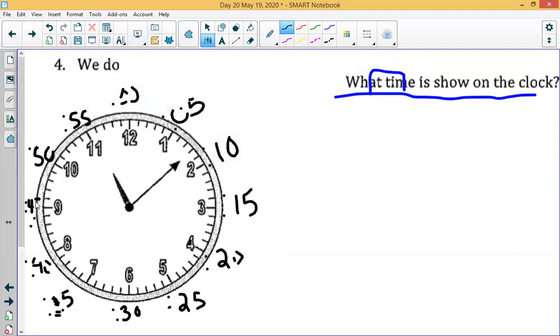All right, now let's label our hands on our clock. Short hand, we know is the hour hand. Long hand, we know is the minute hand.